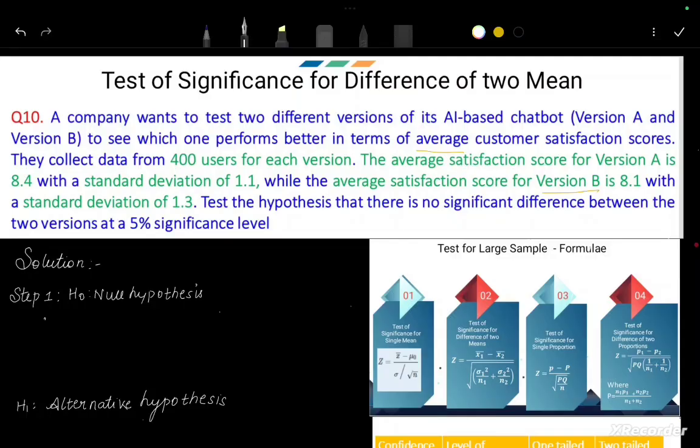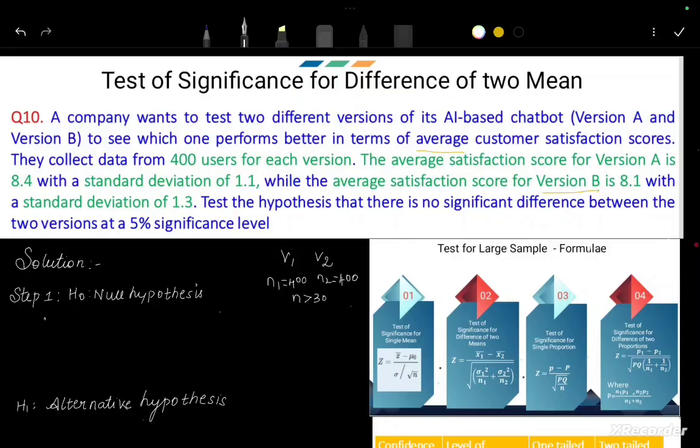They collect data from 400 users for each version, that is n1 is 400 and n2 is also 400. So here your n value is greater than 30, so it is a test for large sample.